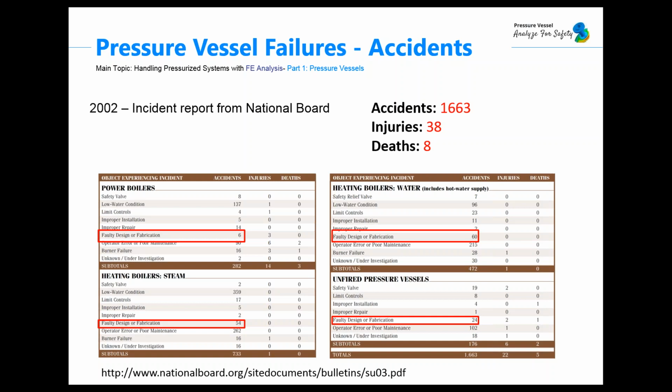Based on the presented data, almost 14% of total incidents had been caused by wrong design or fabrication. At the bottom of this picture you can find a link to the organizations which provide this report, and we strongly recommend investigating this data.